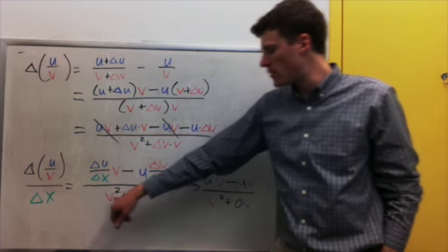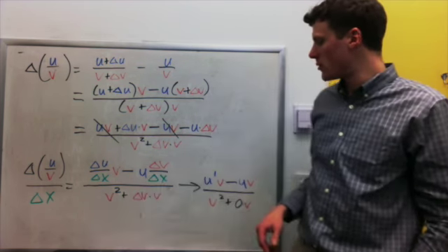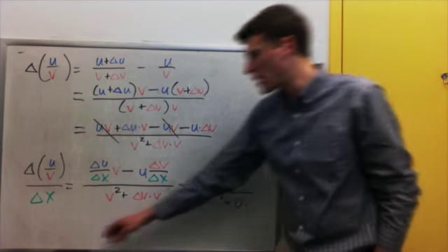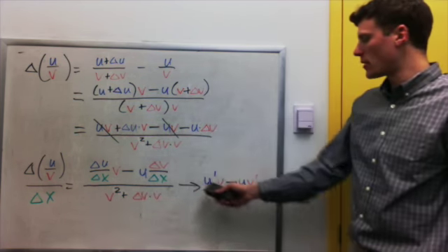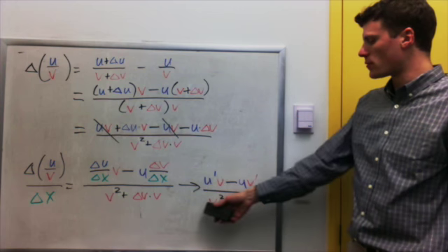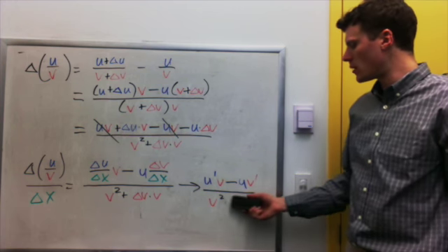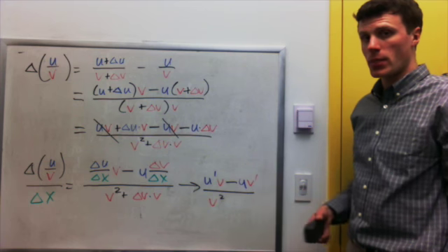Now on the bottom, I've got v squared plus delta v times v, but delta v approaches 0 as delta x approaches 0. So I'm left with u prime v minus u v prime over v squared plus 0 times v. That goes away, and I'm left with the quotient rule.